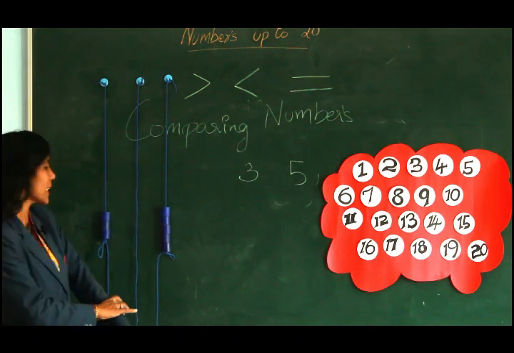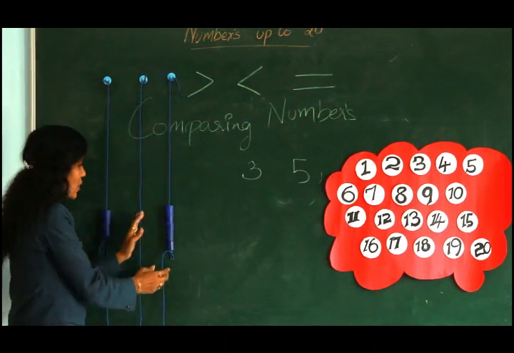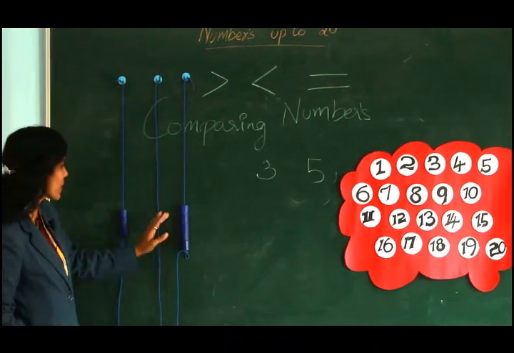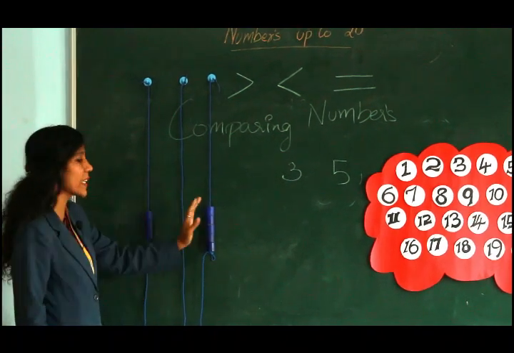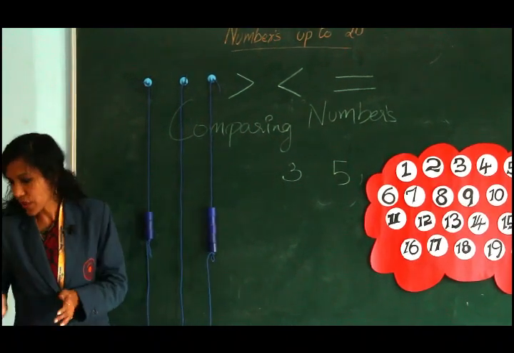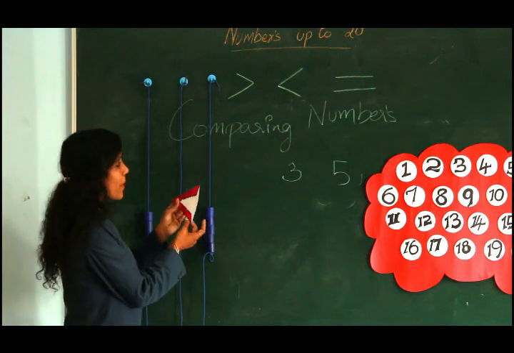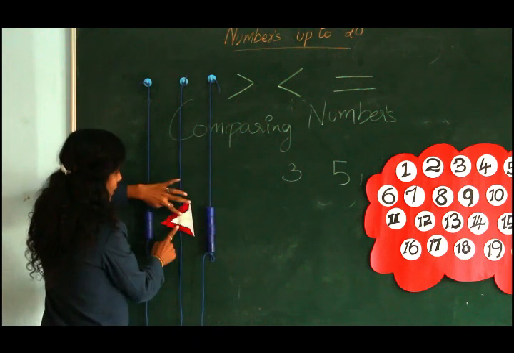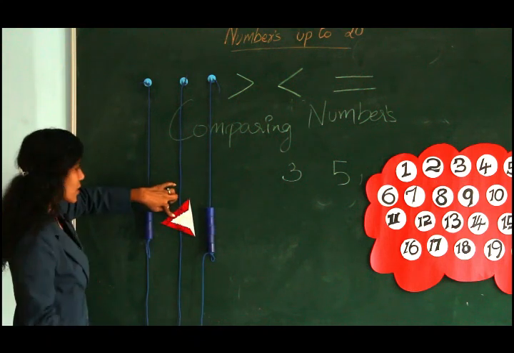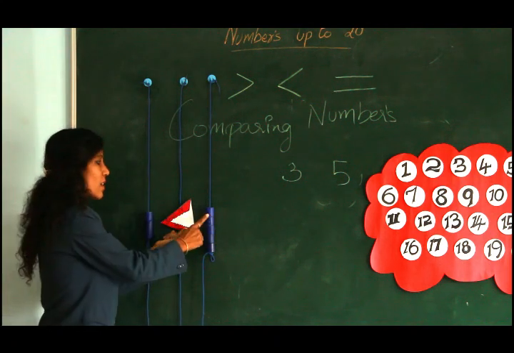Now see here, this is 3, this is 5. So you tell me which is more, the left or right? Definitely the right one. So here we put the alligator's open mouth towards left. So 3 is smaller than 5.